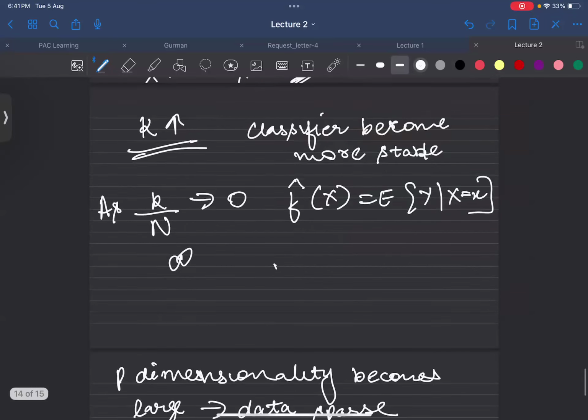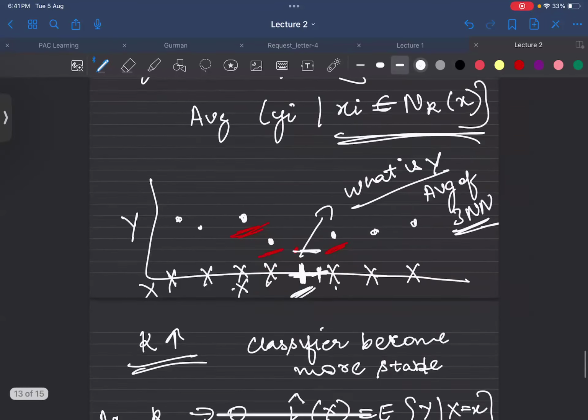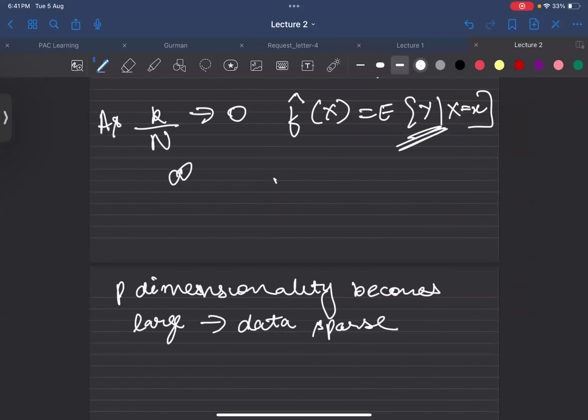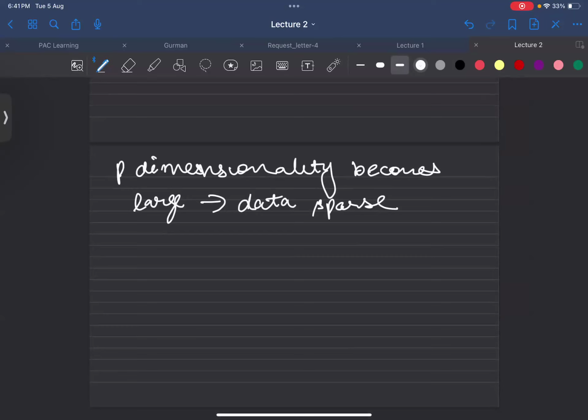What I'm saying is, if my k and my n are very large, then only I'll get the actual output equal to the predicted one. But what if p dimensionality becomes large? What do you mean by p dimensionality? First of all, yes, come on.